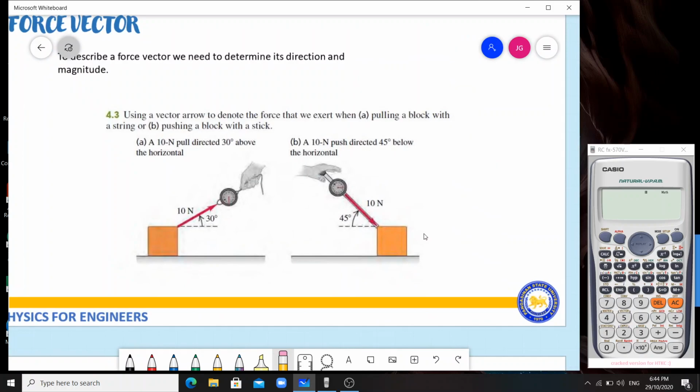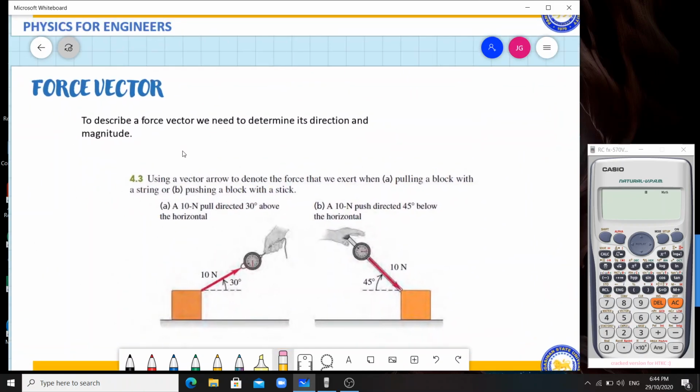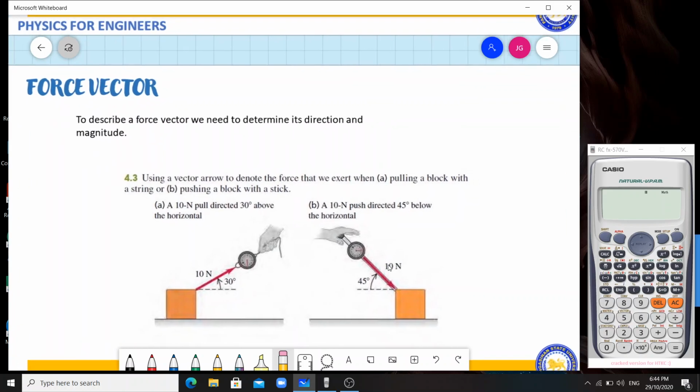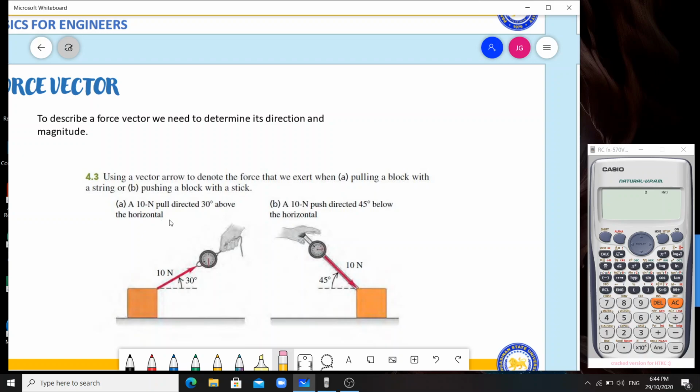And this one going downward is a 10 newton push directed 45 degrees below the horizontal. This one is above the horizontal, and this one is below the horizontal. That's how you describe a force vector.